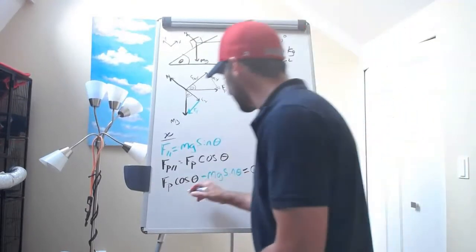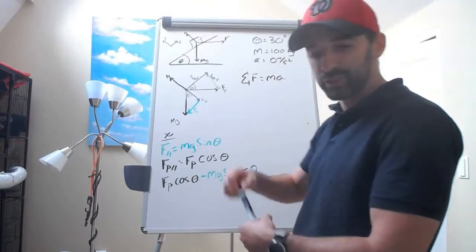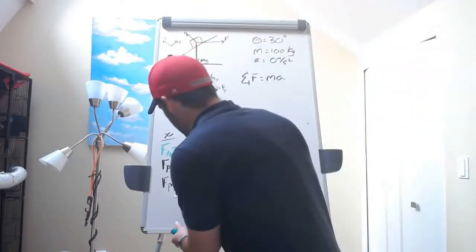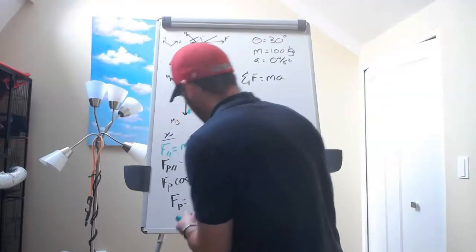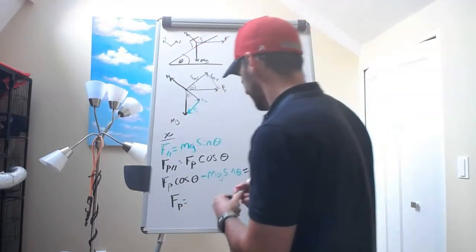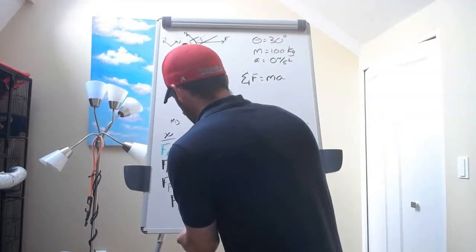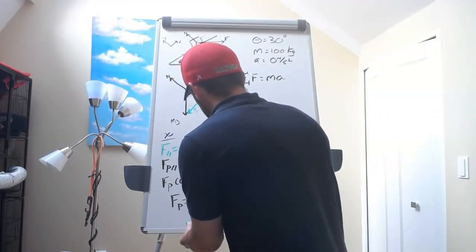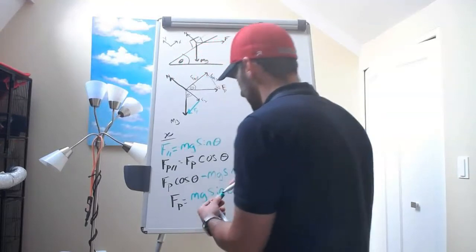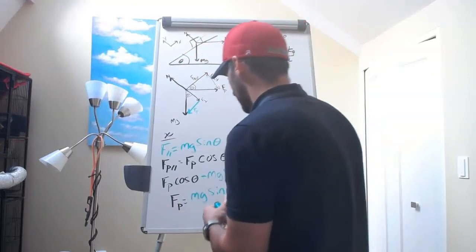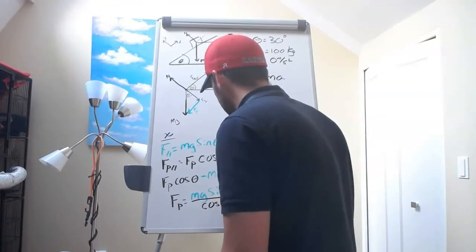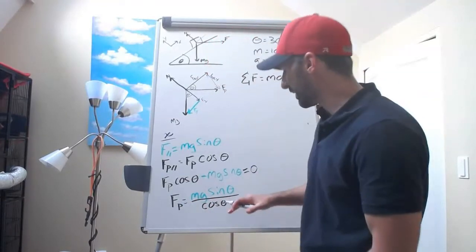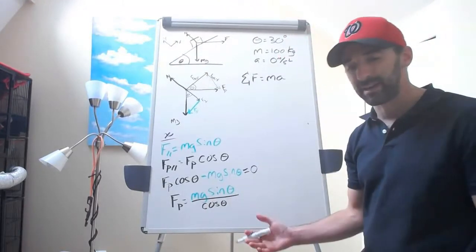So let's see. That means my general solution is going to be Fp equals mg sine theta, that whole thing, divided by cos theta, and you may remember the identity sine theta over cosine theta is tan theta.